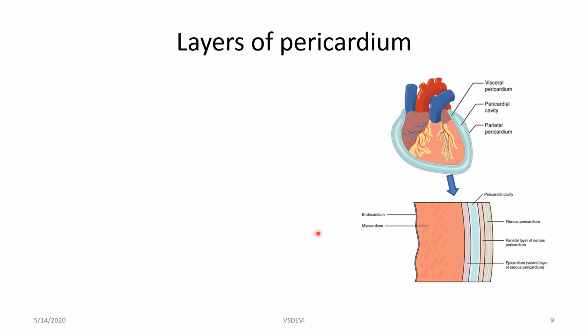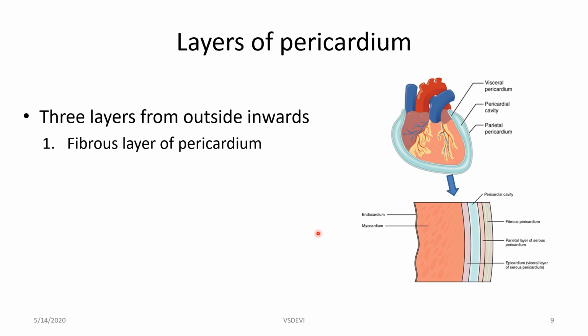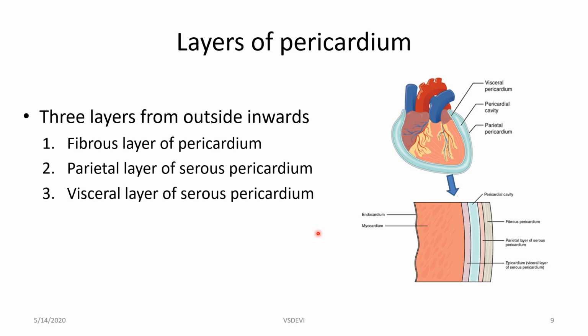Now let us revise the layers of pericardium. So the layers of pericardium from outside inwards are the fibrous layer, parietal layer of serous pericardium, visceral layer of serous pericardium.